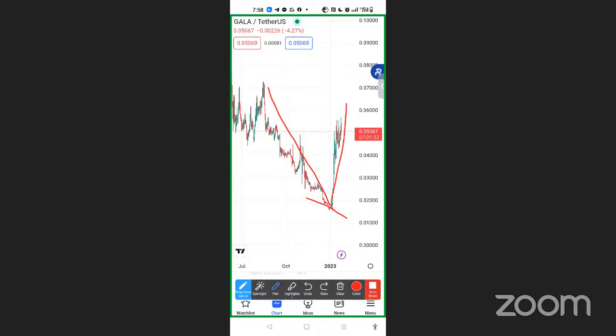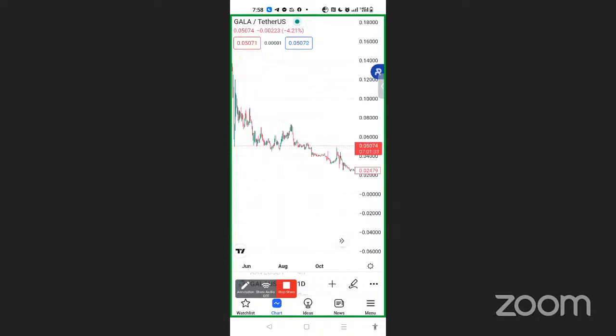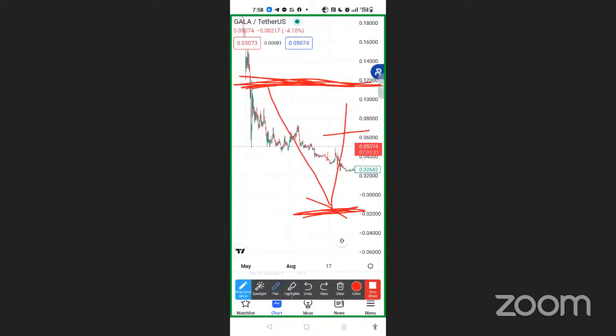So if this was support, this is the main resistance up here. The market is striving to move from here and break the highest point it has ever made in the past. If it breaks this, then we shall look for another resistance, right? So the market will be going into this area here if it breaks it. That's how the market works.